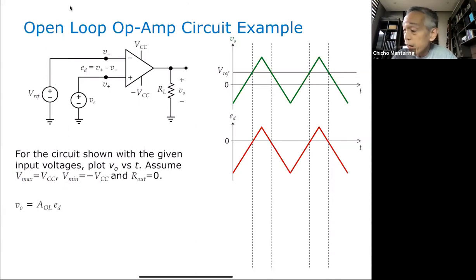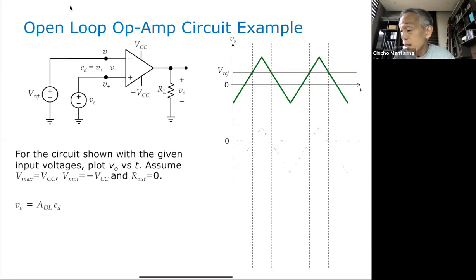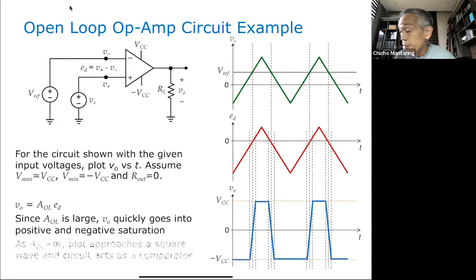Because AOL is very large, konti pa lang increase ng E sub D. So let's say we start with E sub D equal to 0. It is just at a very small value, yung output ko will already be VCC. And then a very small negative value, yung output ko will already be minus VCC.